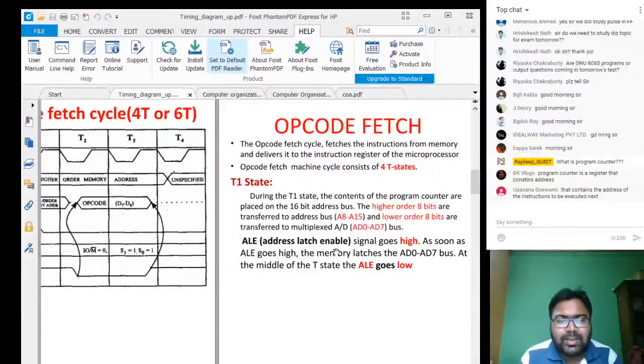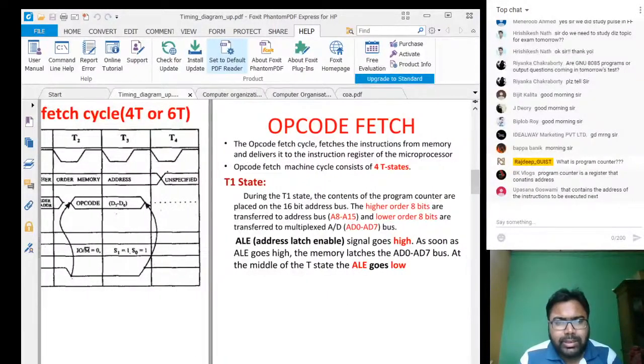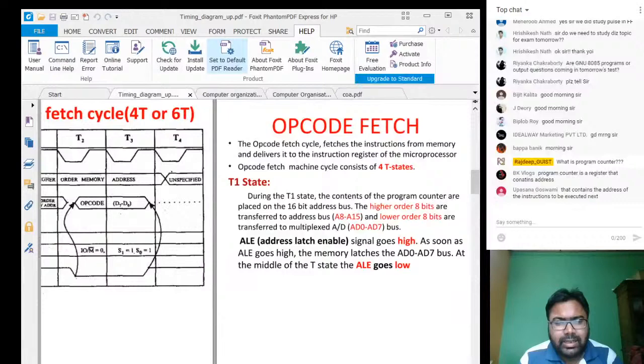And then what? The Address Latch Enable signal goes high. As soon as ALE goes high, the memory latches the AD0 to AD7 bus. So what does it mean? It means that this multiplexed bus is going to be used for transferring address instead of data. In the middle of the T state the ALE goes low.